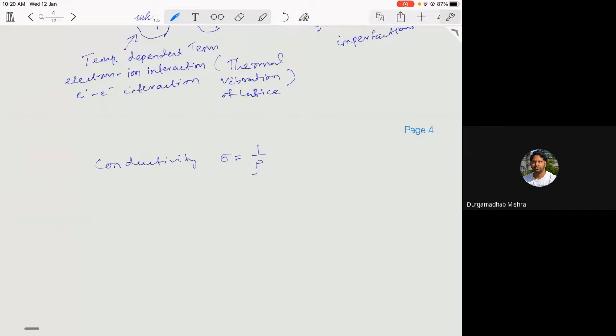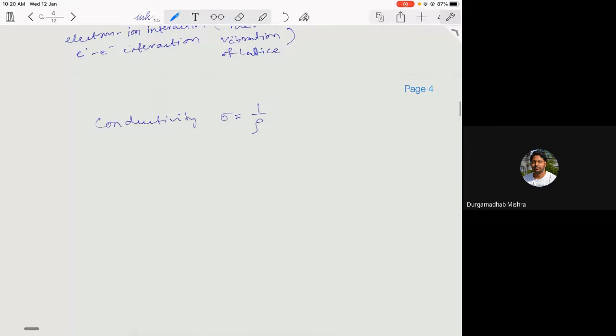If you look at, for example, any metal, let's say this is a solid. This is a qualitative picture of what we are showing here. You have ionic cores, which is what makes the lattice.